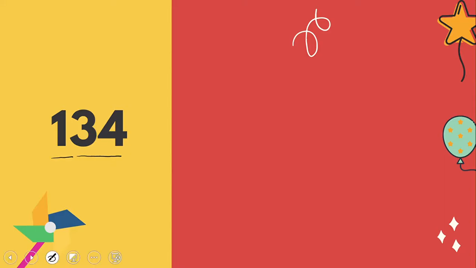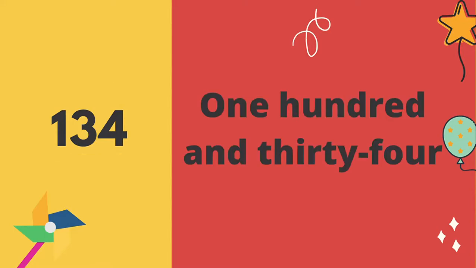The place of 4 is ones, the place of 3 is tens, and the place of 1 is hundreds. So when we have to read this three-digit number, we read the first digit separately and the last two digits together. So what's the number name? Can you try it yourself? It is 134. Easy, right?